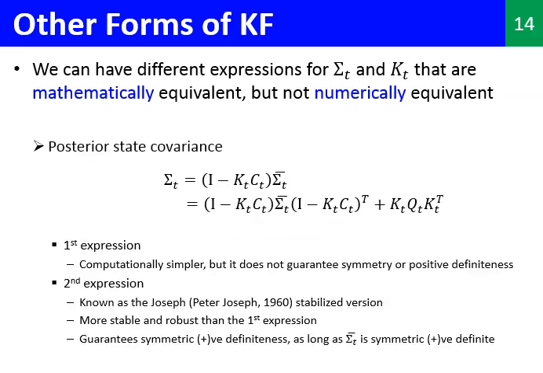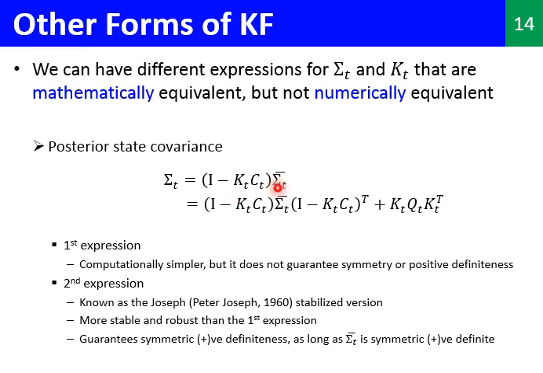The posterior state covariance can also be calculated differently, but it is a little bit more involved than what we already had. The first expression is computationally simpler, but it has a problem. It does not guarantee symmetry or positive definiteness when we are using finite precision arithmetic.